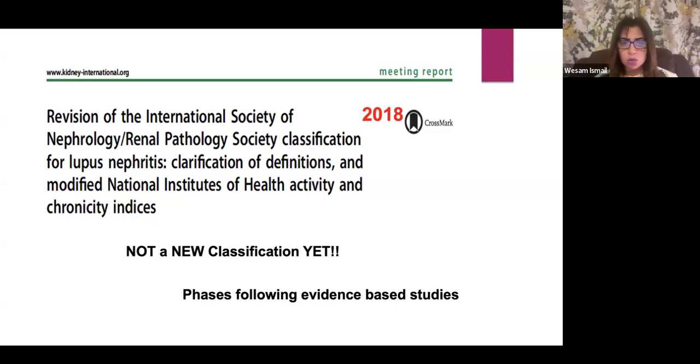Say you have a patient with clinical signs of activity like consumed complement, high double-stranded DNA, whatever, but she's still nephrotic with a lot of nephrotic proteinuria, and you give me a biopsy of 8 or even 10 glomeruli, and the biopsy only shows class 5. If you want to know whether this patient is active or not, I cannot tell you, because we have seen cases with biopsies of more than 25 glomeruli where the activity is present in a single glomerulus, or in 1 or 2 glomeruli.